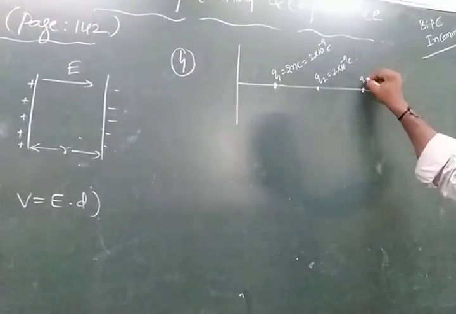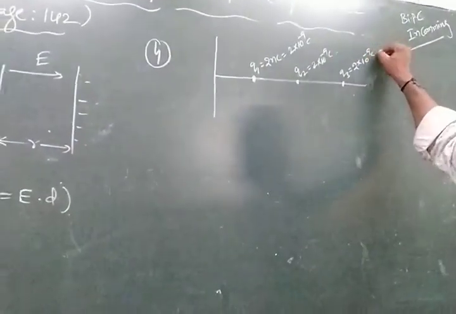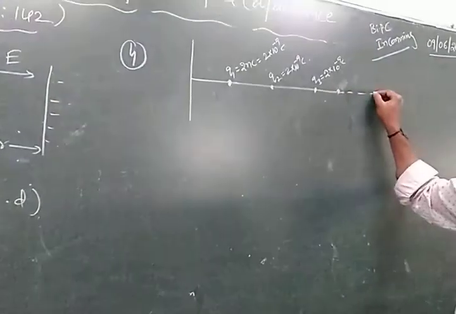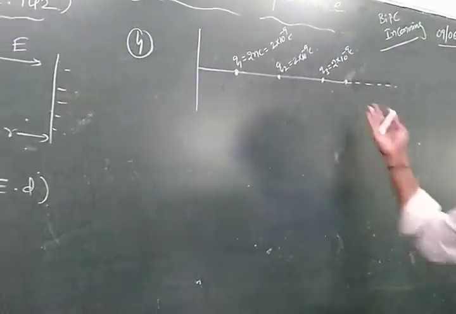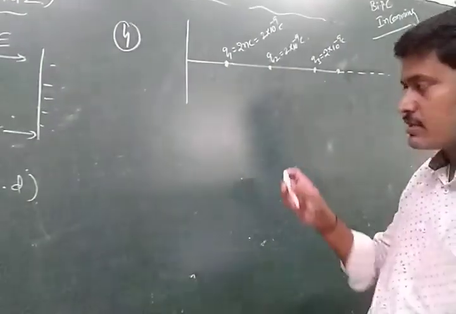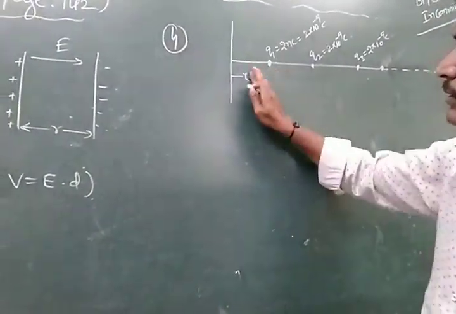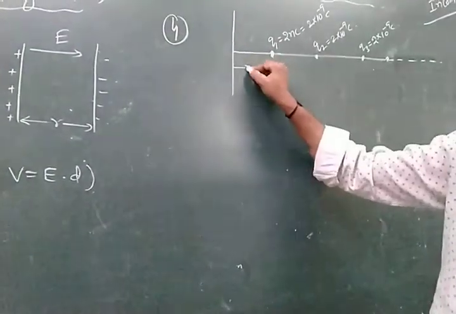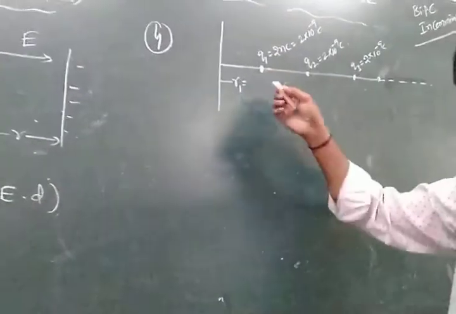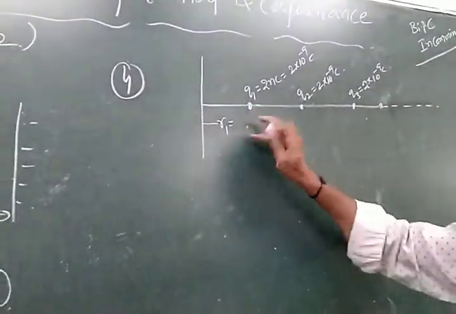Q3, next 2 into 10 power of minus 9. Like this, infinity number of charges are located on the x-axis, at distances x equal to, the first distance r, 1 centimeter.